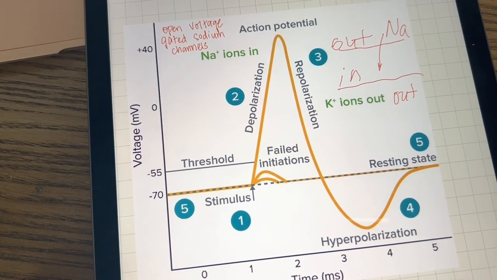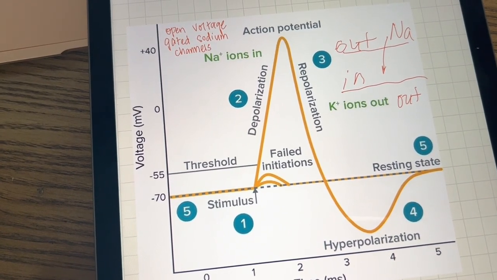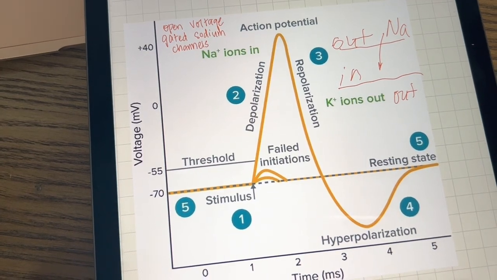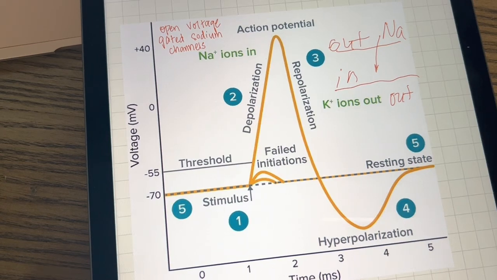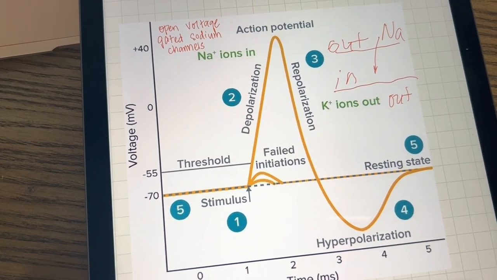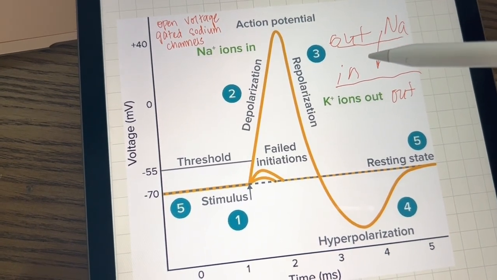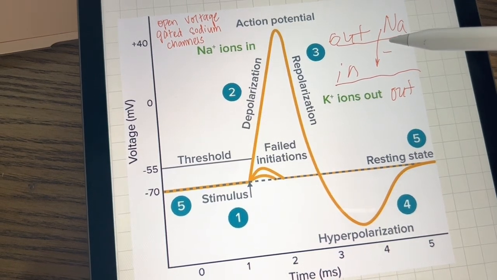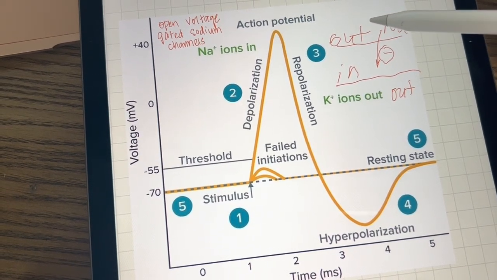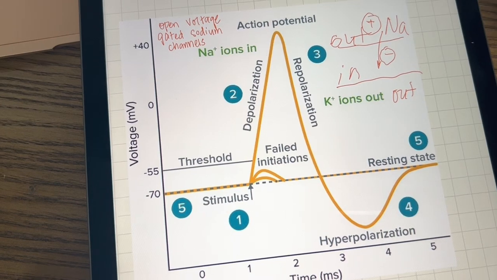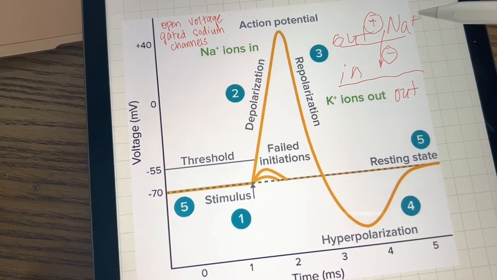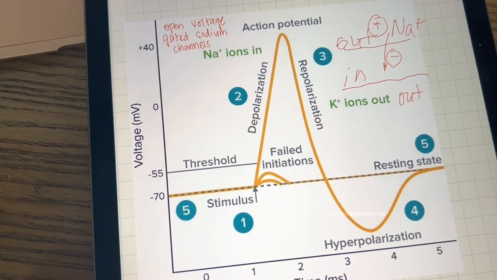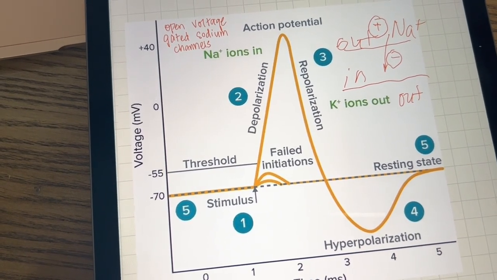As the voltage-gated sodium channels open, the sodium ions rapidly enter the neuron, and this makes the inside of the membrane less negative and more positive. Initially, the inside of the membrane is relatively more negative and the outside is relatively more positive. So as sodium ions, Na+, move inside, the inside becomes less negative.